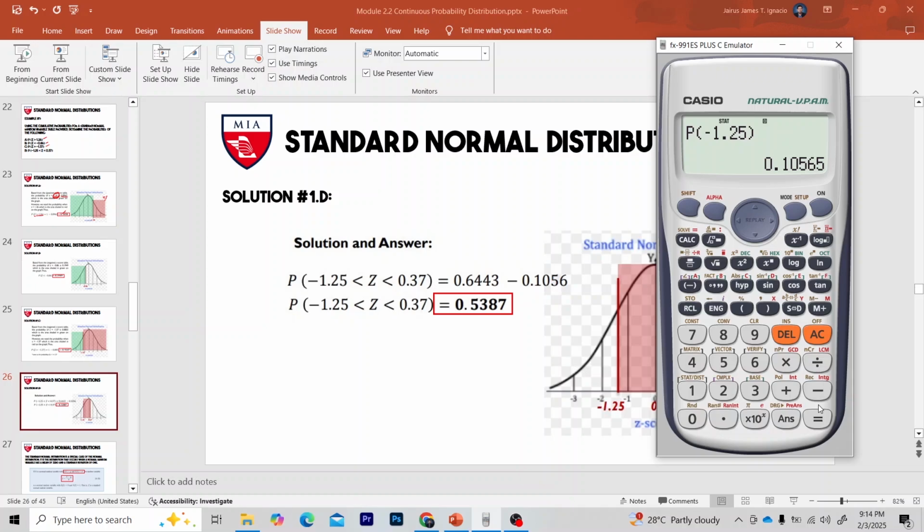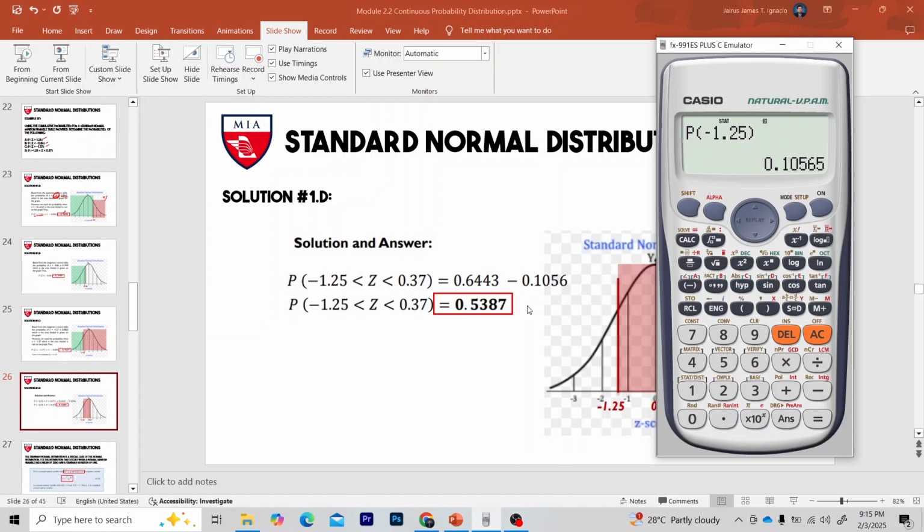So in order for us to get the value of the certain required probability, all we need to do is to subtract the z-score of negative 1.25 from the z-score of 0.37. So we have here 0.5387. So that's how simple it is to solve a certain problem under the standard normal distribution.